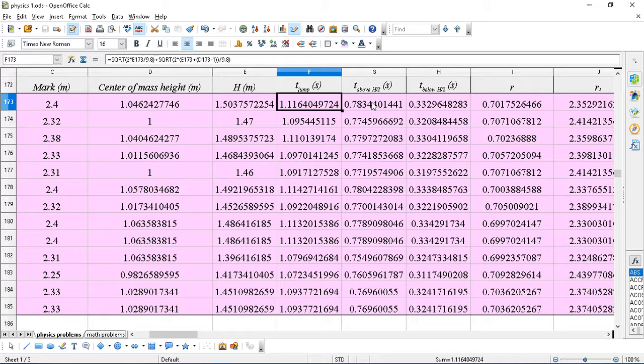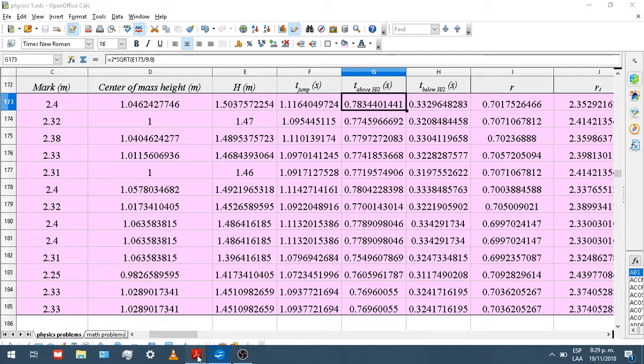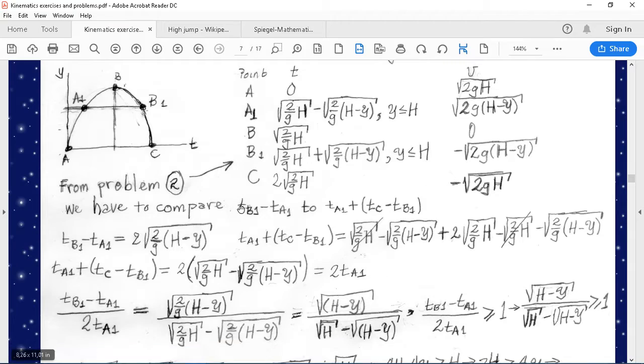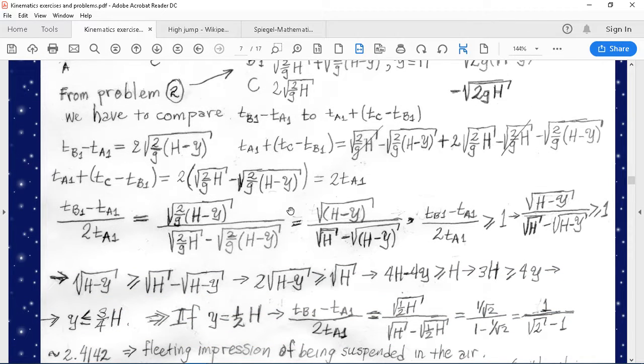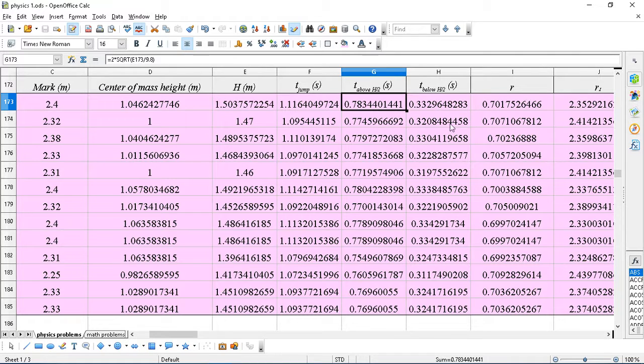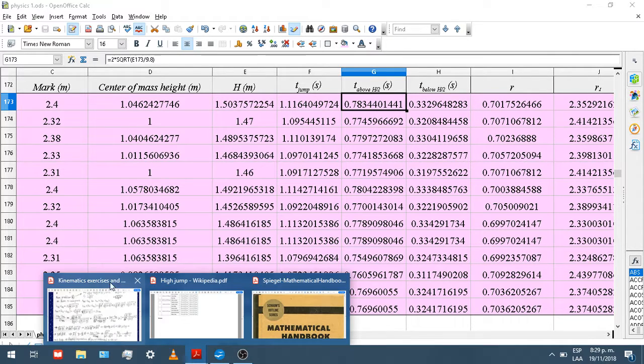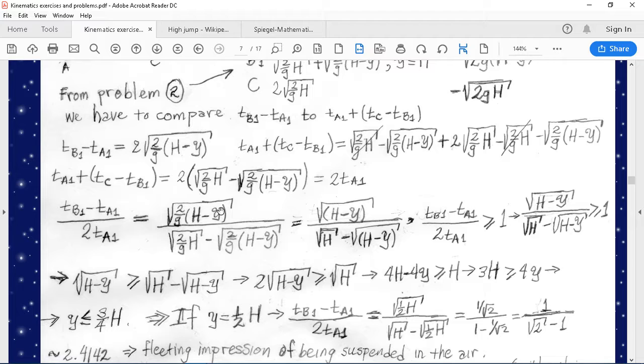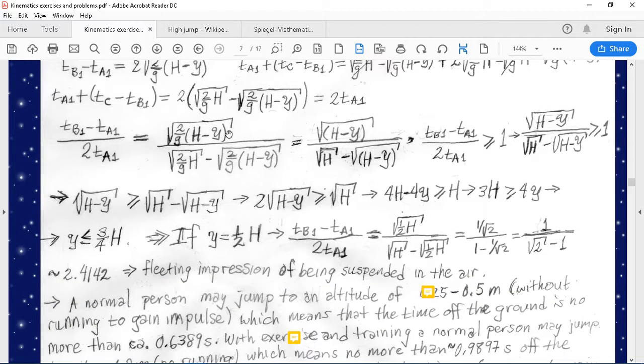This is the time corresponding to being above the half of the maximum altitude, which is the time given here, which was already calculated, which corresponds to this value here, with y equals 1/2 of h.